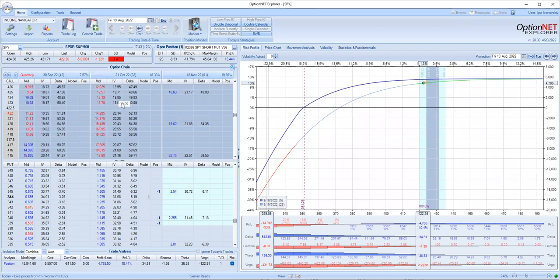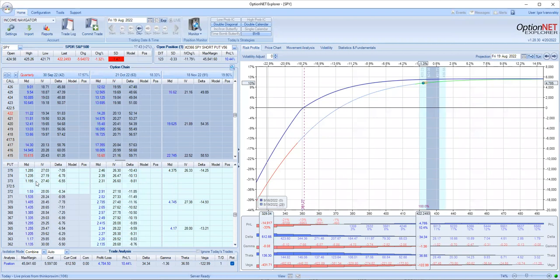But one of the main reasons why I like to stay somewhere between 80 and 45 DTE is because, for example, if I was to sell an out of the money put today, and I'm looking at the 42 DTE, let's compare 42 DTE to 63 DTE. If I'm looking to collect about $1.30, then in the 42 DTE, I would have to be somewhere around the 375 put.